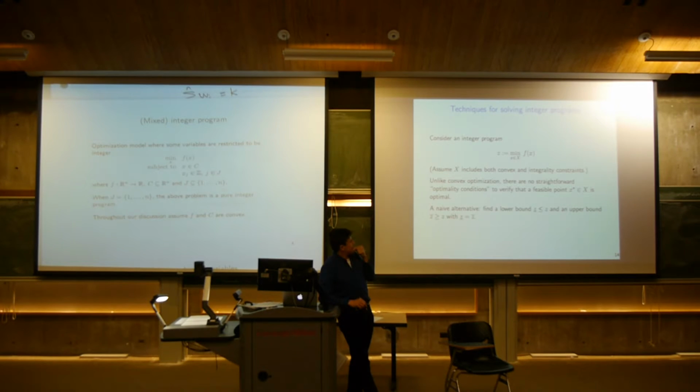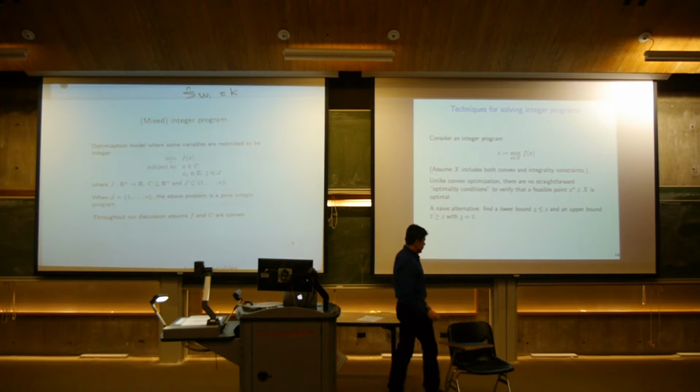Now, there is nothing like KKT conditions or anything like that for integer programming. So even checking that a candidate solution is optimal is difficult. We do not have any kind of straightforward general optimality conditions.